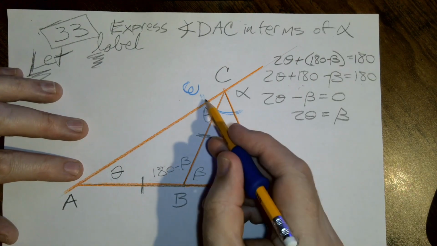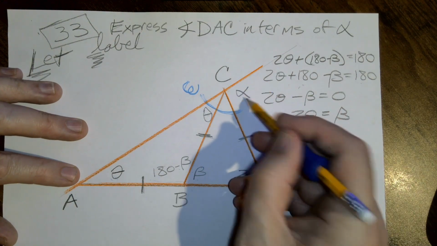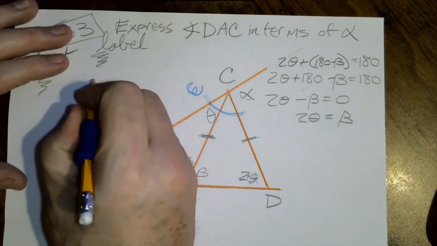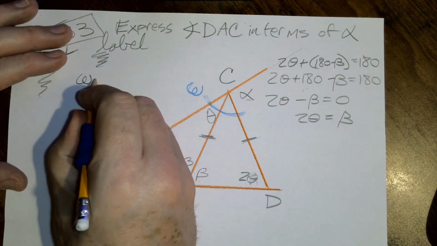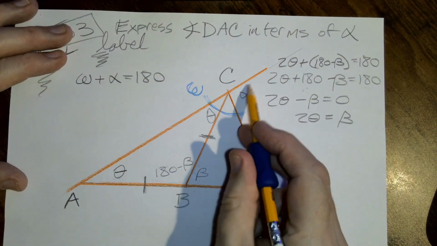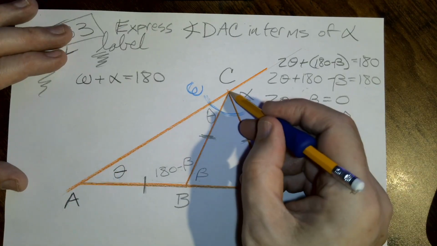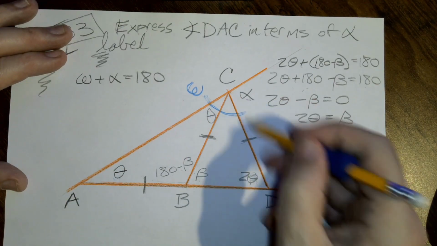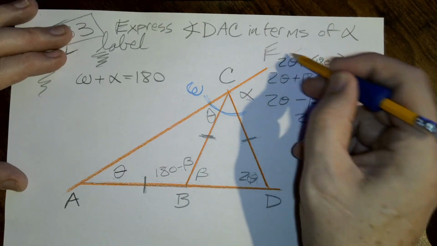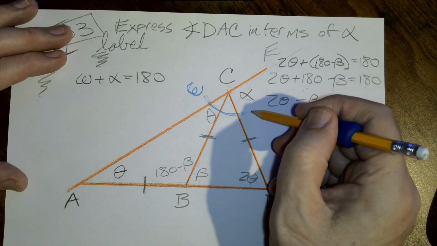So if we look at omega here, angle ACD, we see it's a linear pair with alpha. So we could say that omega plus alpha is 180, because omega is the measurement of ACD, and this angle here, we could put E out here. These are linear pairs, supplementary.